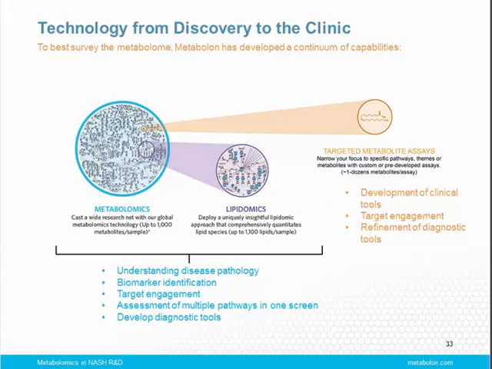Instead of having to do an experiment to study beta oxidation and then another one for amino acid oxidation and another one for redox status, this can all be done in one fell swoop. And then we also have some more targeted assays, and these include the lipidomics assay, our complex lipid panel that Jamie referred to during her portion of the webinar, as well as a targeted assay team that can be helpful in developing clinical tools and refinement of those diagnostic tests.